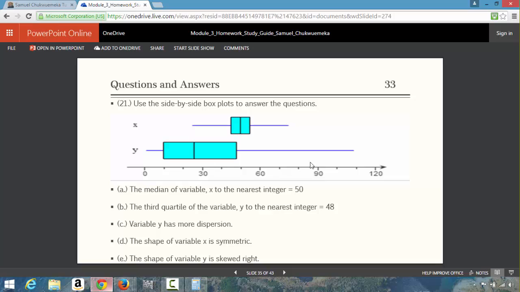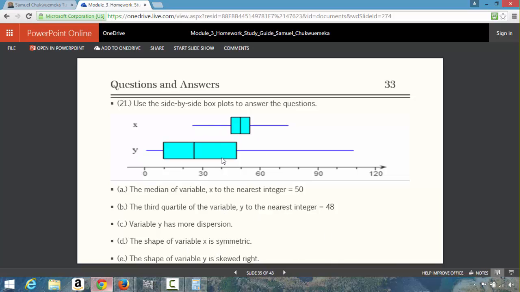So you see, 38 is more than that, like 13 or 14. So the range is more, and the interquartile range is more. Variable Y has more dispersion.